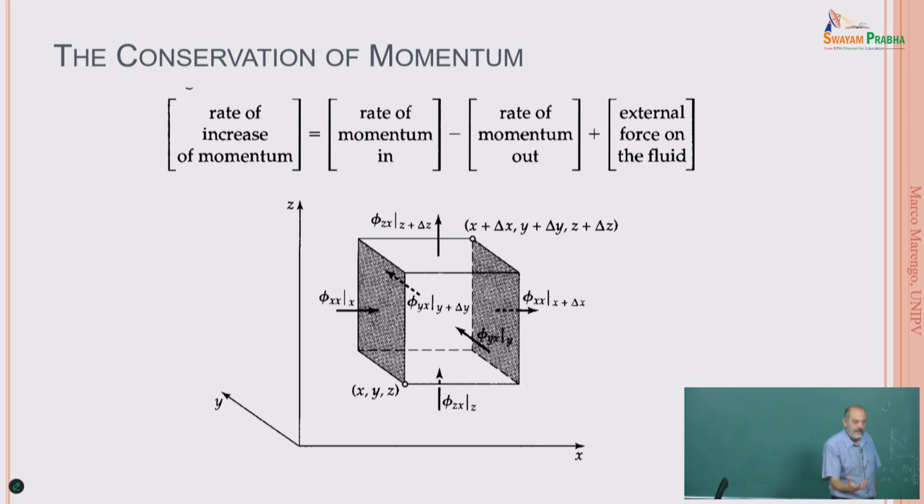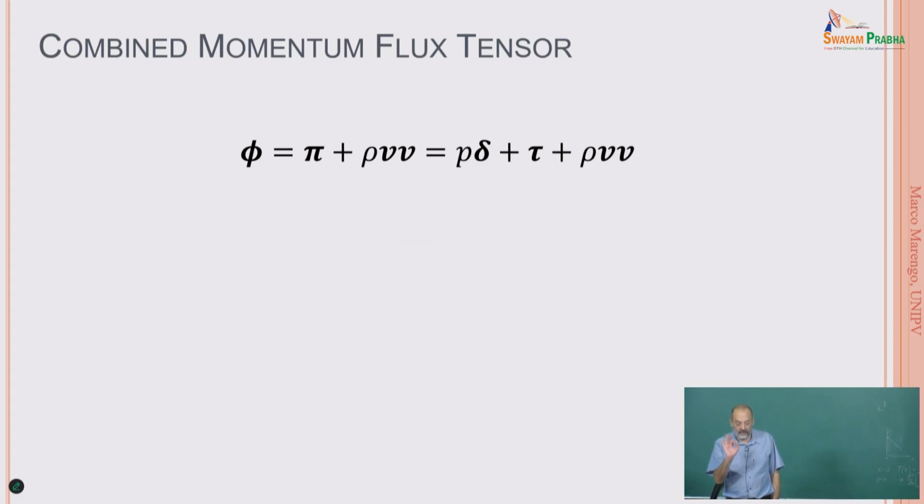So again, with our nice volume, we can say that the rate of increase of momentum inside the volume is equal to the rate of momentum in minus the rate of momentum out, plus eventually the external forces that can act on the volume. Okay? So now the momentum flux for us is phi. Kind of small reminder, phi is what? It is P delta plus tau plus rho VV. Okay? So let's say in the vectorial form.